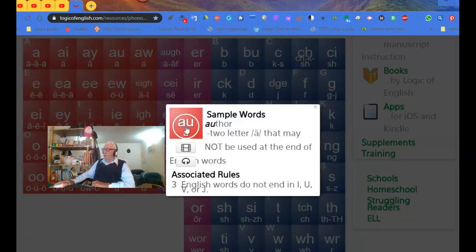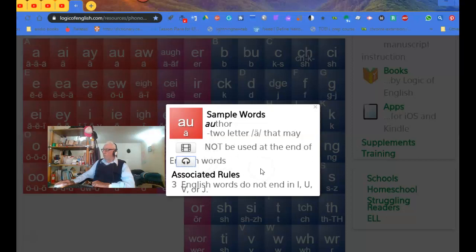Okay, this is two-letter, and it's an ah sound, like in author, for example. Let's take a listen to what that sound is. Two-letter A that may not be used at the end of English words.